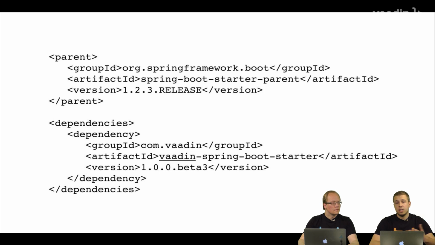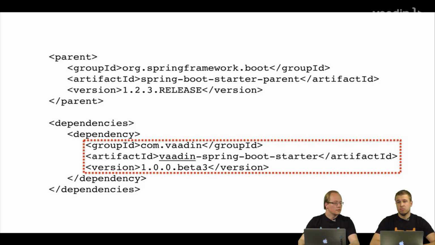This is now the official Vaadin Spring Boot add-on for the Vaadin Spring integration. This dependency is just a small POM that brings in other dependencies that make sure everything is configured. Yeah, sort of a bill of materials. Yeah, exactly.